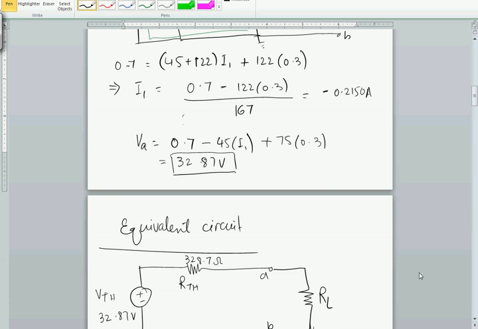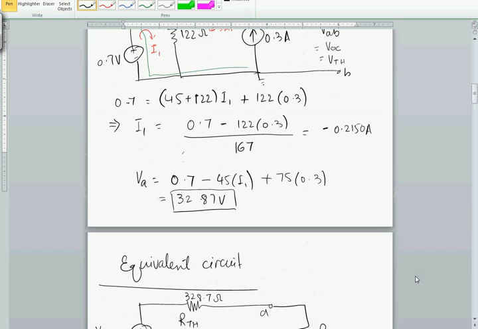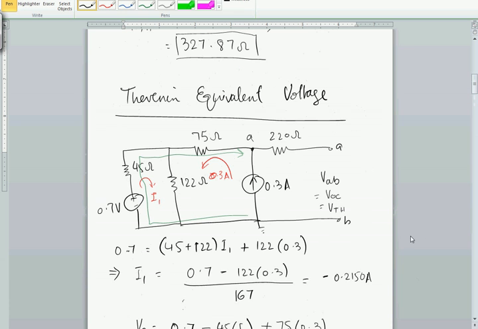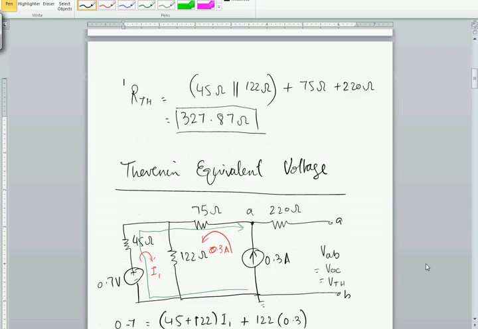That's the first method. So to recapture the method, the first thing you're gonna do is to remove the RL from the original circuit, open circuit all the independent current sources, short circuit all the independent voltage sources, and find the equivalent resistance looking into the load terminals.